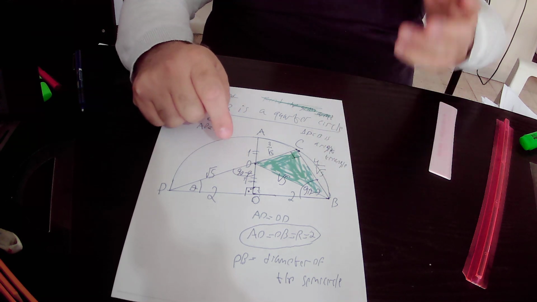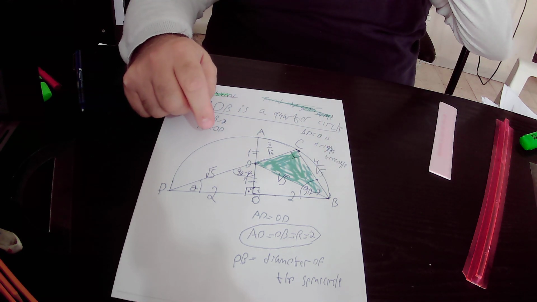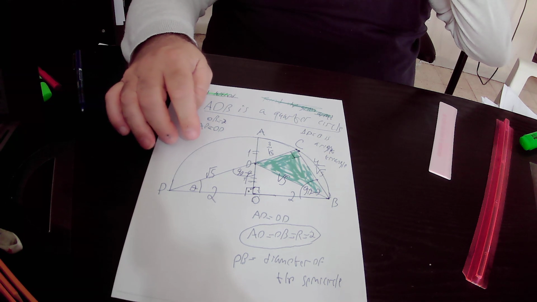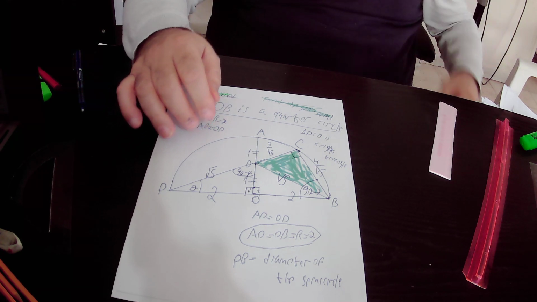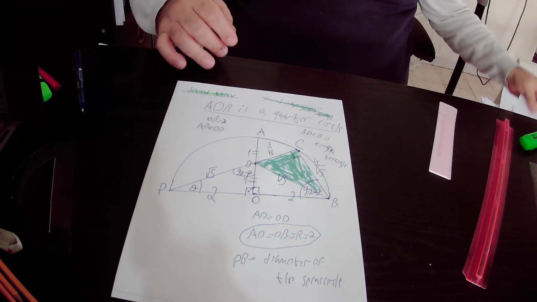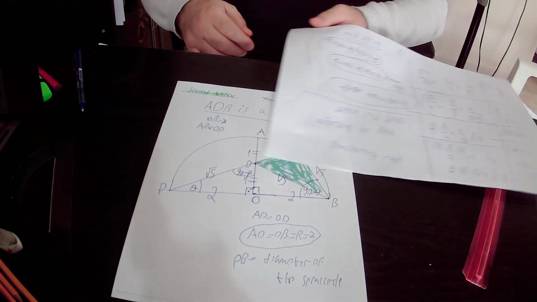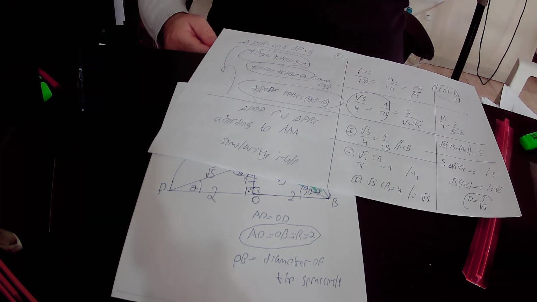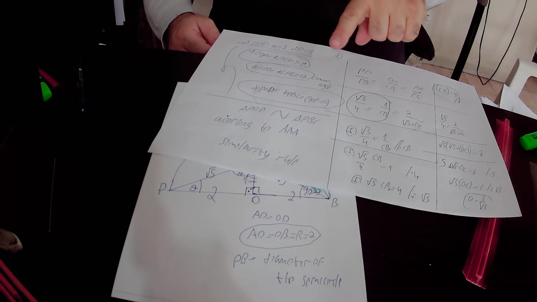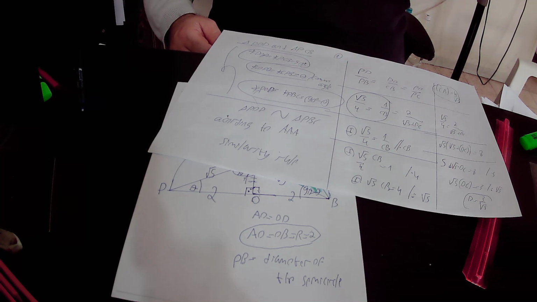So we prove that all the angles of triangle PCB are equal to all the angles of triangle POD, therefore those two triangles are similar to each other according to the angle similarity rule. Triangle POD is similar to triangle PCB according to the angle similarity rule.